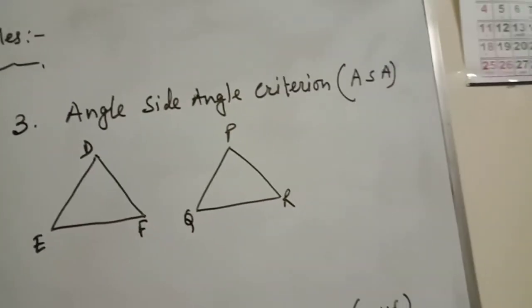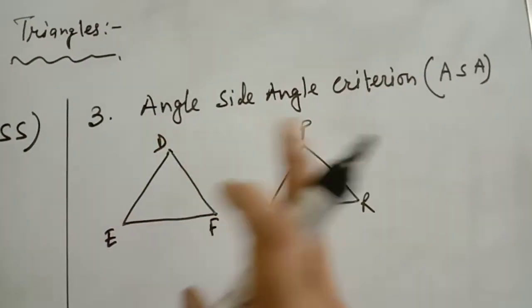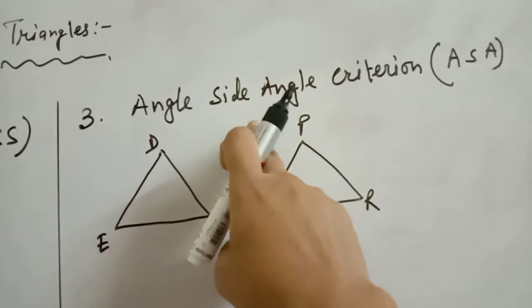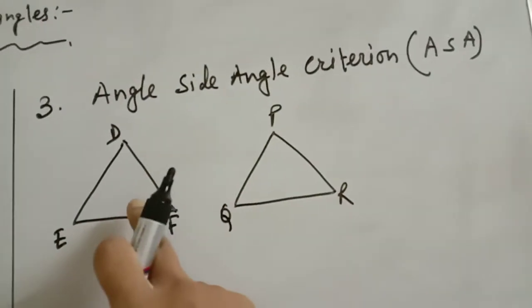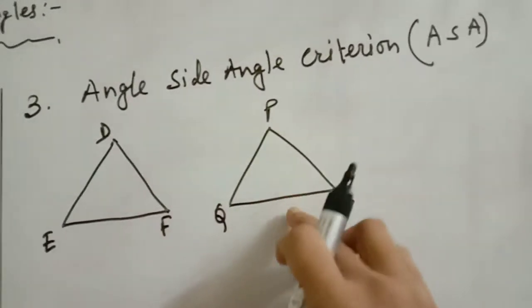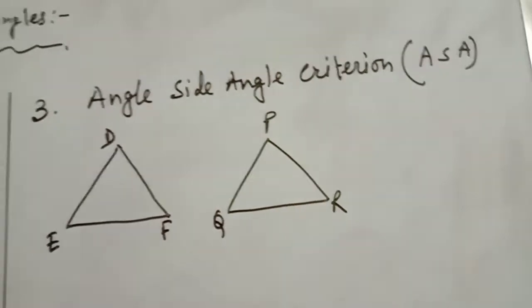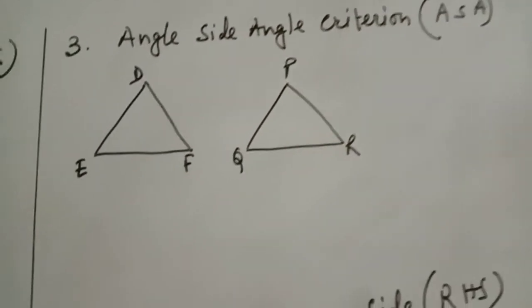The next criteria is angle side angle criteria. By the name you can understand that two angles and their included side are correspondingly equal to the two angles and the corresponding side of the other triangle. We can say that these two triangles are congruent by ASA.